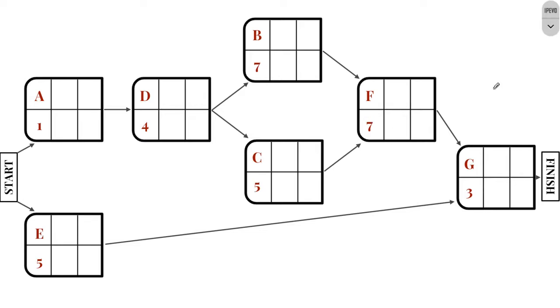Okay, so I'm going to start by moving forward and filling in all of the top boxes first. At the start, I know that I'm starting at day 0 for either of these tasks. So the first ones I come across, I'm starting at 0 days. And in order to find my earliest finish, I just add my duration. So I'm doing 0 plus 1, which is 1, and then 0 plus 5, which is 5.